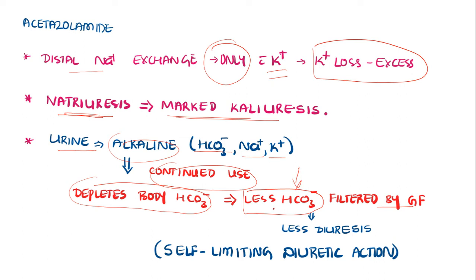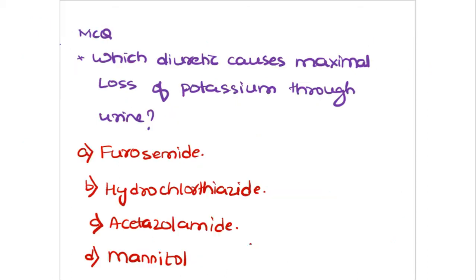Since the bicarbonate filtered is very little, there will be a lesser degree of diuresis. That's why it is called a self-limiting diuretic action. So which diuretic drug produces self-limiting diuretic action? It is acetazolamide.